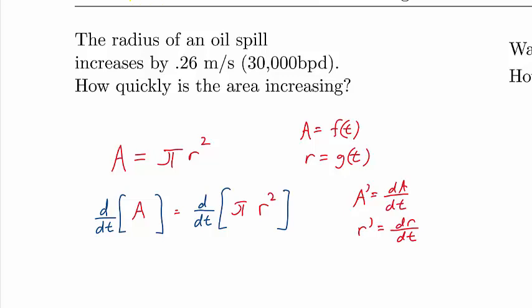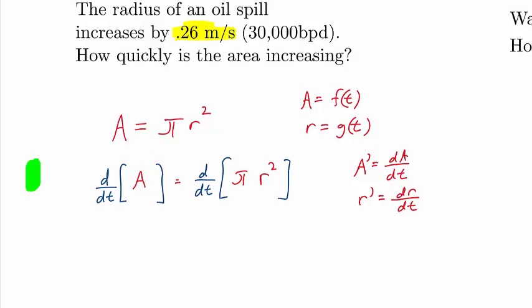Note they are both going to be with respect to time. Okay, so over here we have A prime, and then on the right hand side we take the derivative. So we have 2 pi r, right? Because the derivative of r squared is 2r. Don't forget the r prime.